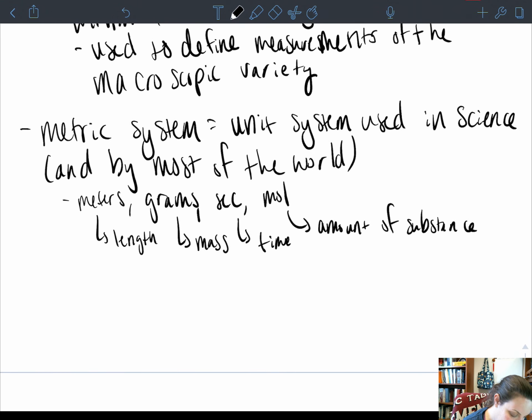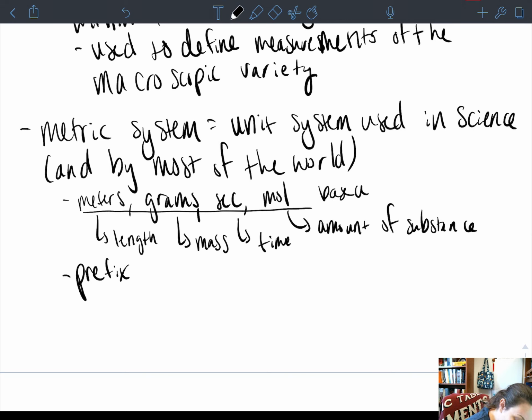And we can use a prefix in order to show a base unit. So these are our base units in the metric system. And then we use a prefix again to indicate a magnitude.